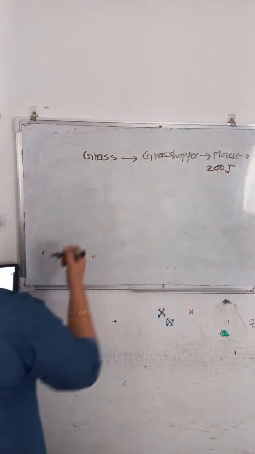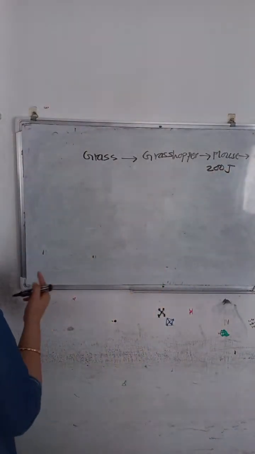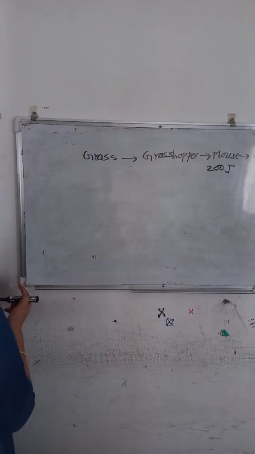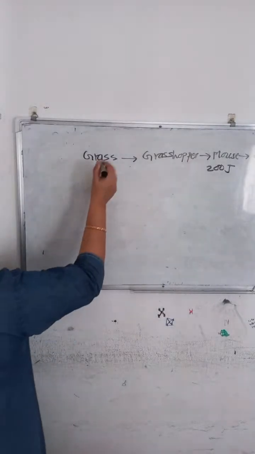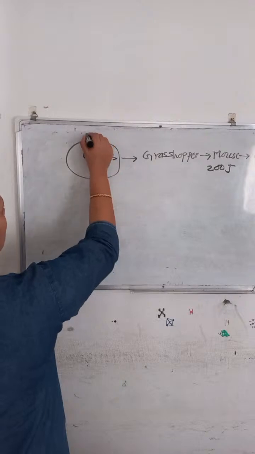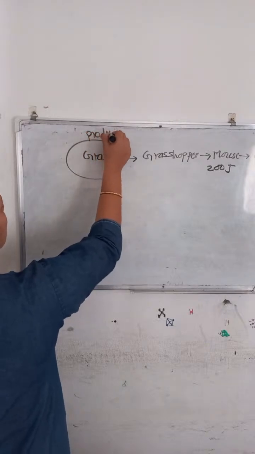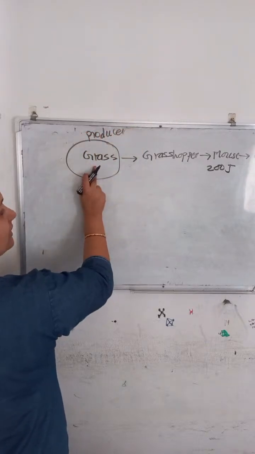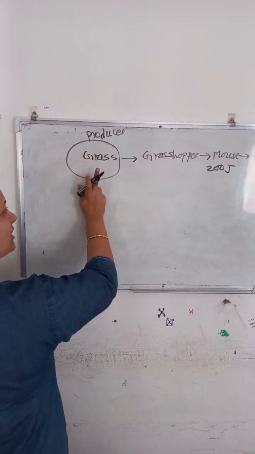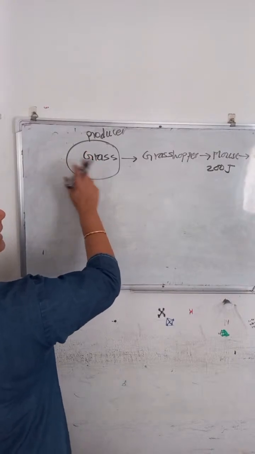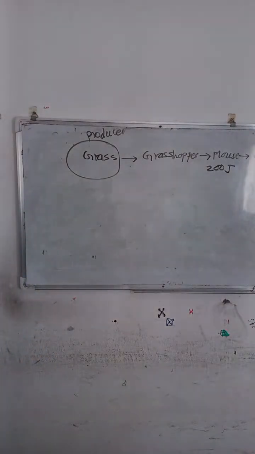Mouse has energy 200 joule. Then how much energy will be available at the producer level? Here the producer is grass. So how much energy is present in the grass, the primary level, that is what they are asking. Now what is the answer?